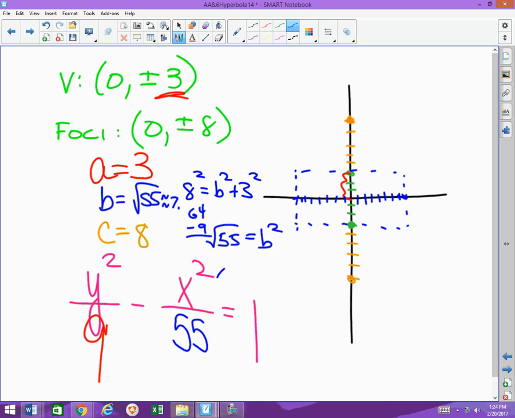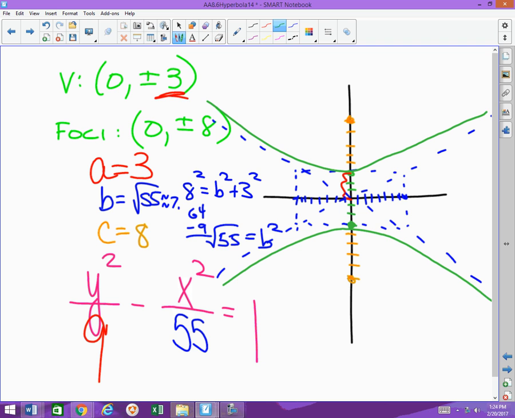Those are our lines for our asymptotes. And then our hyperbola does this. And the slopes of the asymptotes would be m equals plus and minus the y part over the x part, so it would be 3 over the square root of 55.